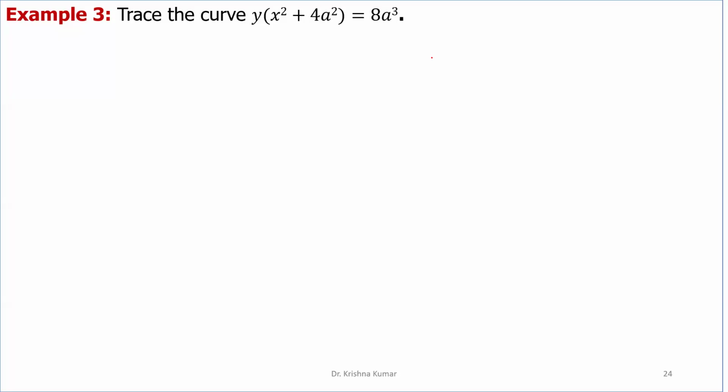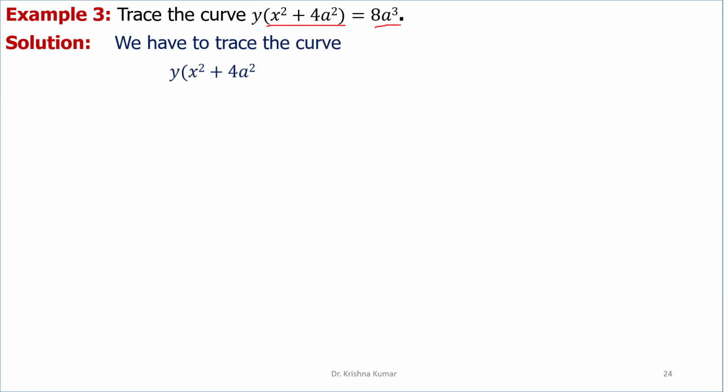Now, in this lecture, we trace the curve y times (x square plus 4a square) is equal to 8a cube. We have to trace the curve y times (x square plus 4a square) equal to 8a cube.